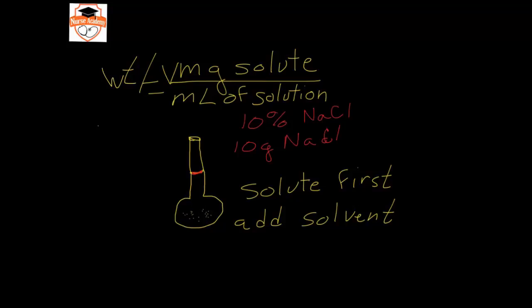But it would be the volume of both the sodium chloride and the amount of solvent that you added that would give you your total volume. So it'd be 10 grams of sodium chloride versus 100 milliliters of solution.